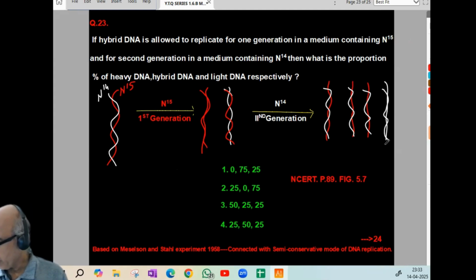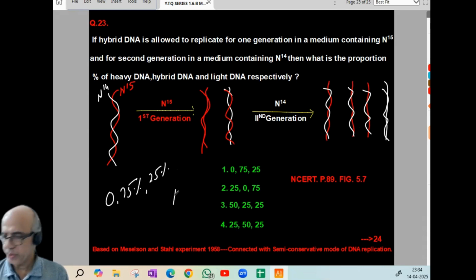So altogether we can find the same order. Percentage of heavy DNA will be 0. 2 strands will not be heavy in this experiment. Hybrid DNA, 3 are there, that means 75%. Light DNA 1, that means 25%. So the answer is 1. Simple question, beautiful question.